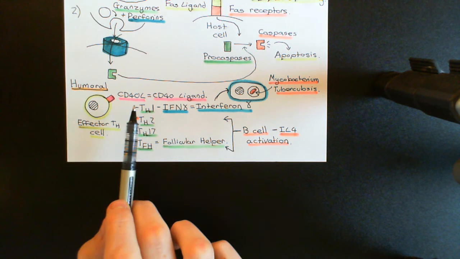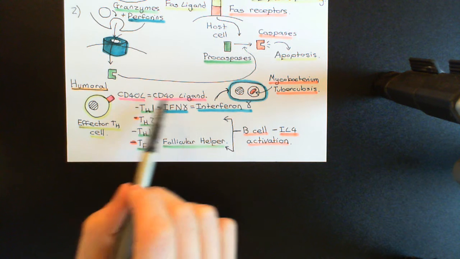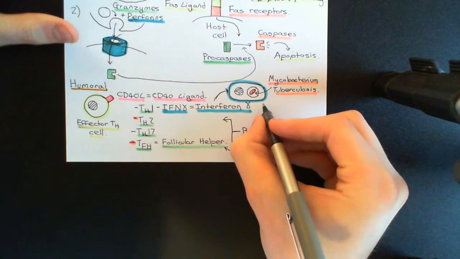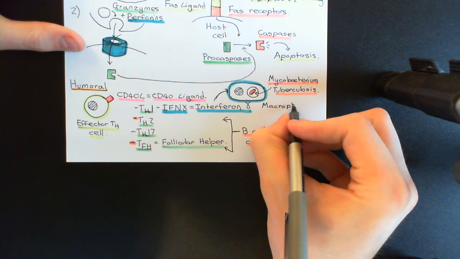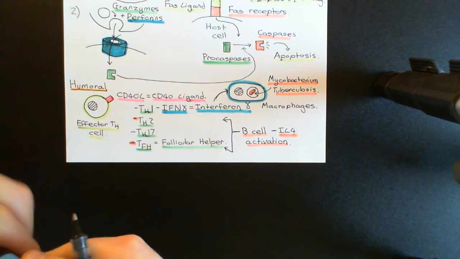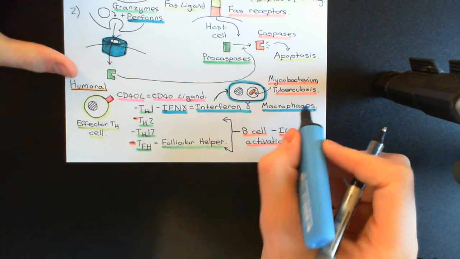So these other functions aren't particularly specific, whereas the activation of B cells is specific, as we'll see. That's the side function of T helper 1 cells, helping with the phagocytosis process by macrophages. And really it's just macrophages that have these enhanced weapons rather than neutrophils. So this is a macrophage over here.